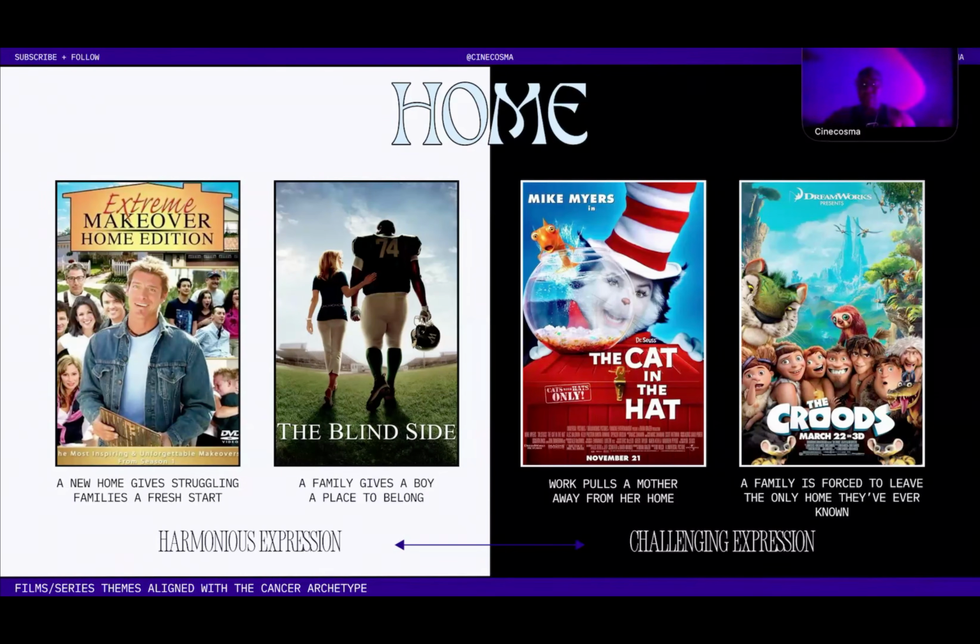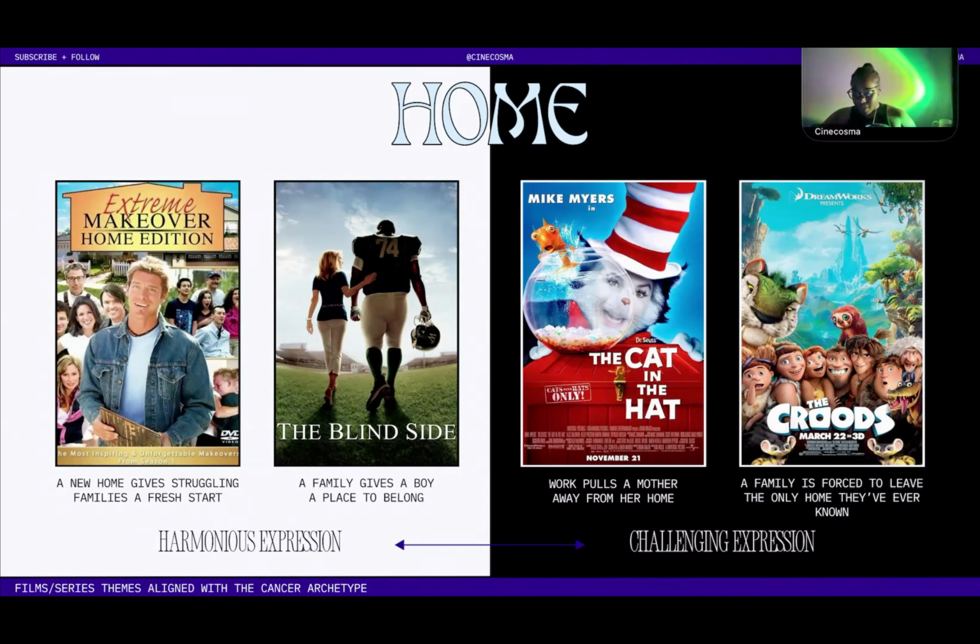But underneath it, the reason why this is a challenging expression is because a home, like I said before, isn't just the building itself, the physical building. It's the people inside of it and the emotional connections within it. And the two children were feeling a little disconnected from their mom. That is why I put it under challenging expression.